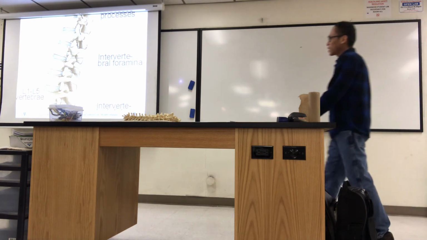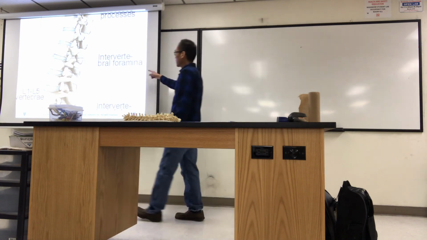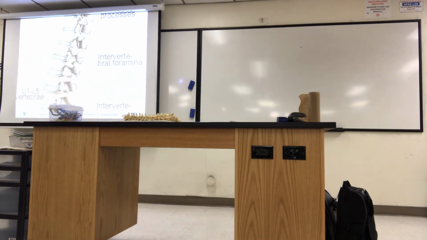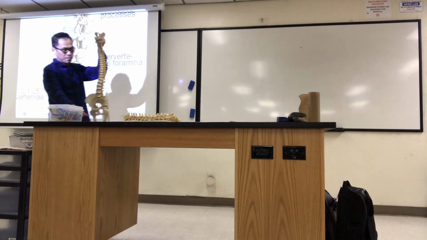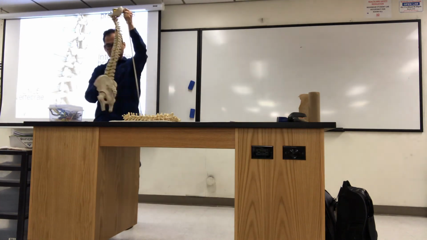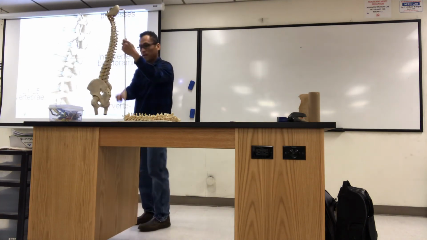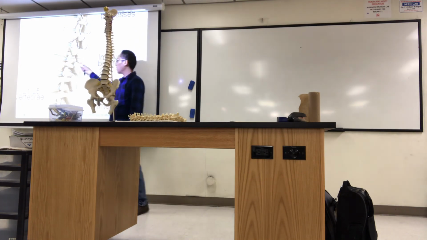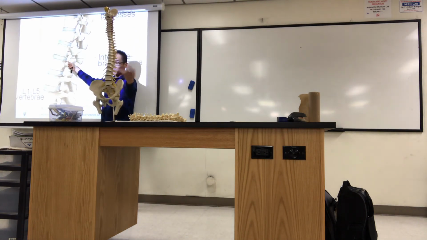Other things about the spine, I want you to know this structure here, the intervertebral foramina, these little holes in the side. You see my model of the spine here? You see those yellow things coming out the side on this model? Those are the spinal nerves. So what I want you to know is that the intervertebral foramina are where the spinal nerves exit the vertebral column.